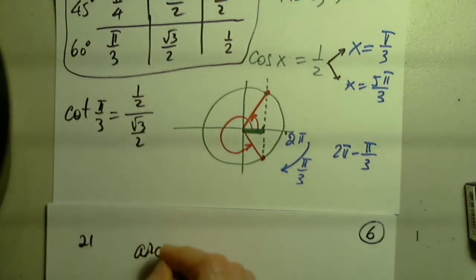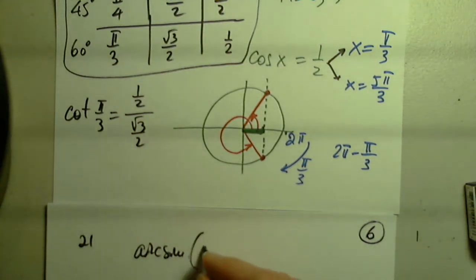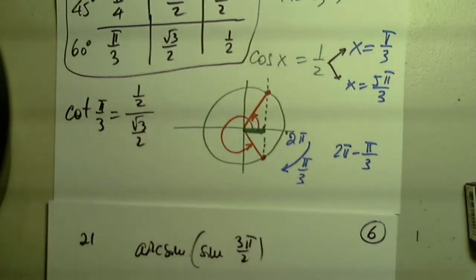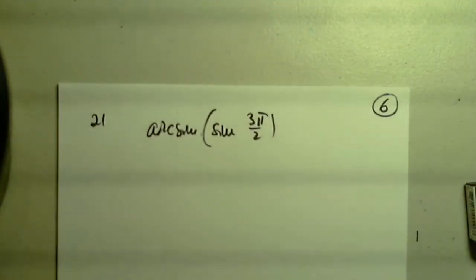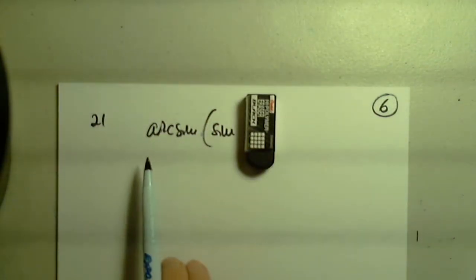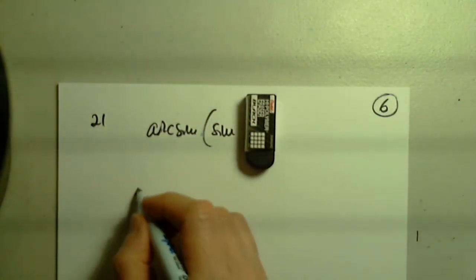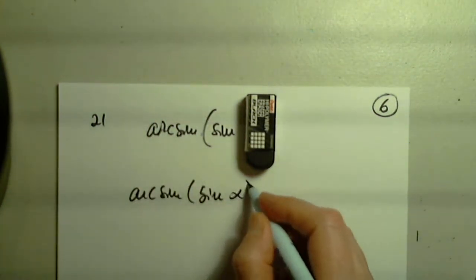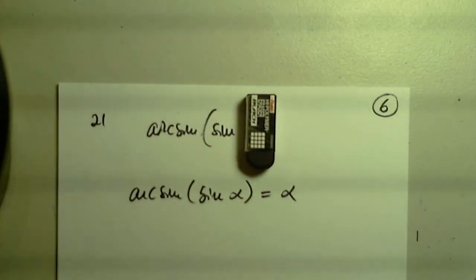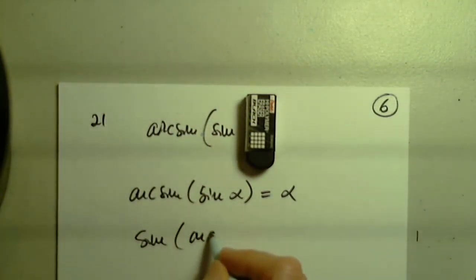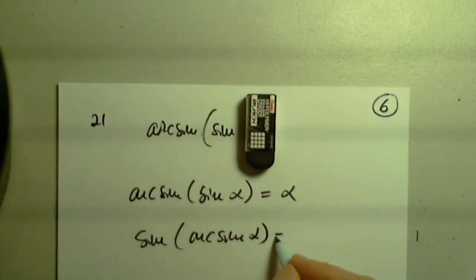So arc sine of sine 3 pi over 2. Okay, I see it. Good. So in general, we say that arc sine of sine alpha is alpha. Also sine of arc sine alpha is alpha.